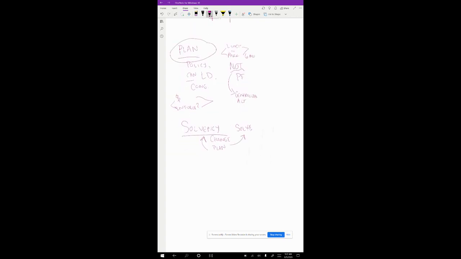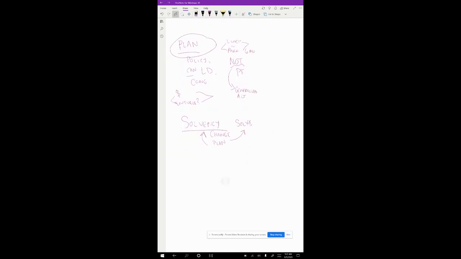The next thing you want to learn or know is advantages and disadvantages. So advantages, they're like added benefits or positives. And disadvantages are the negative things that happen.